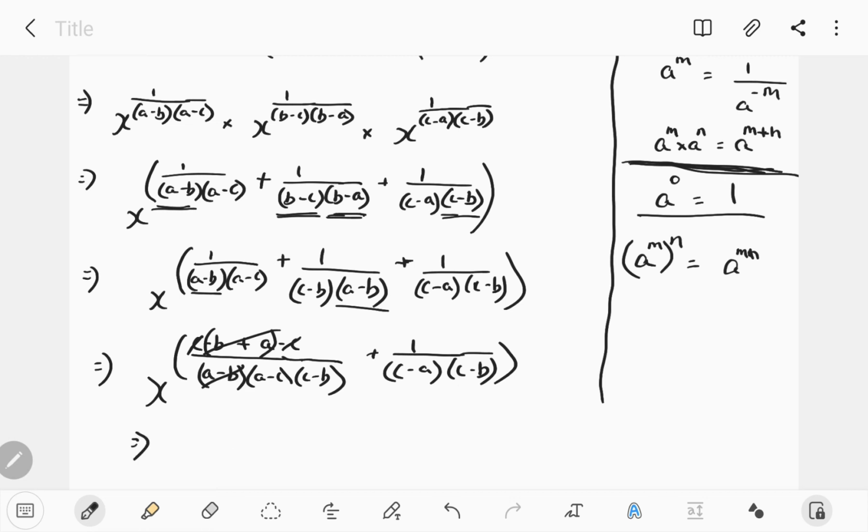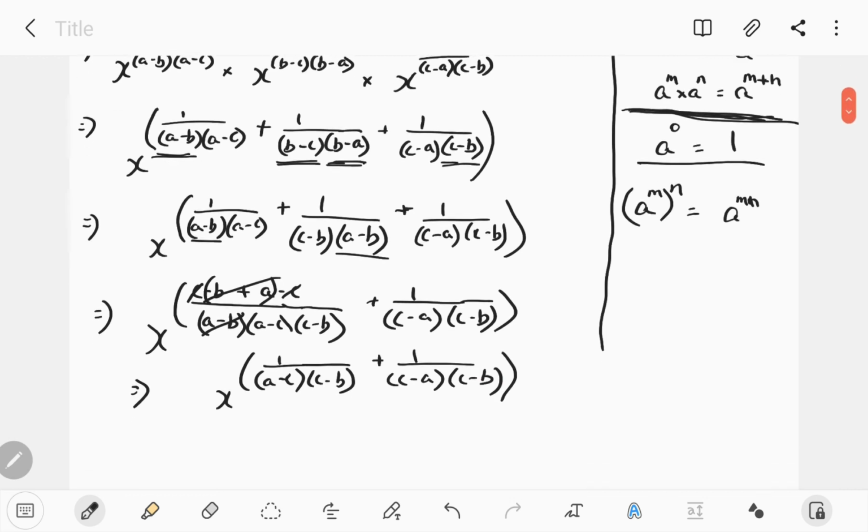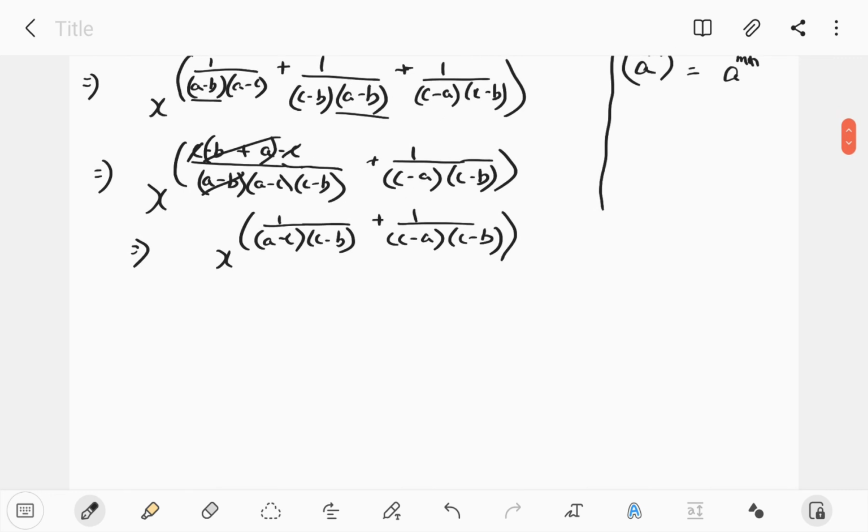I'm left with x power, the first and second terms have simplified into 1 by a minus c into c minus b plus 1 by c minus a into c minus b. Okay, this is my expression now. Let me scroll a little.